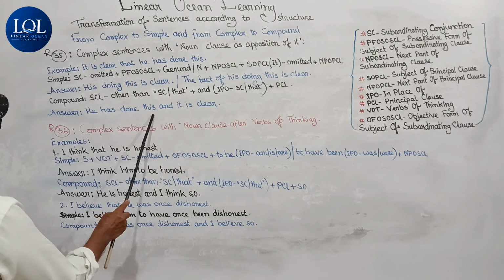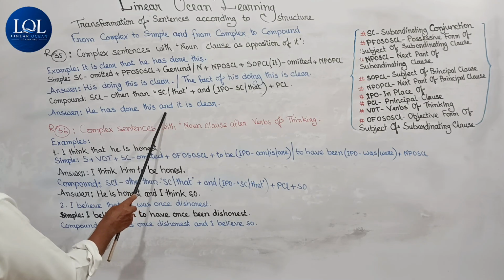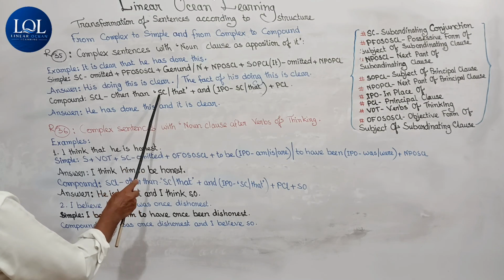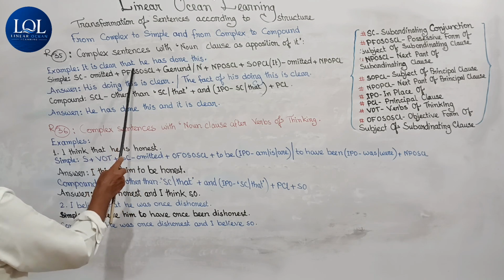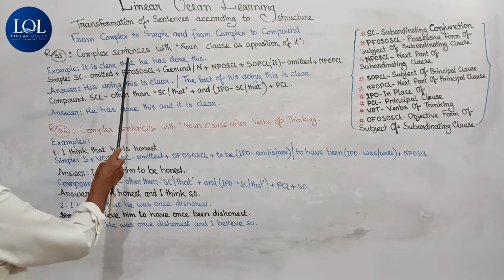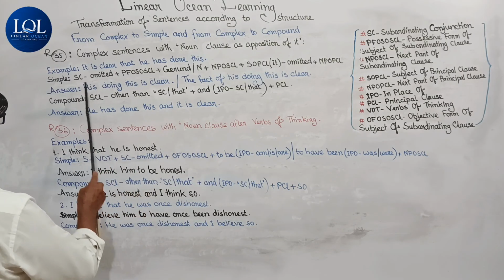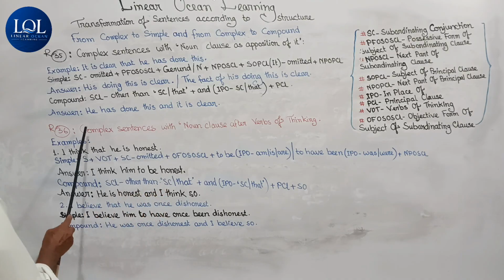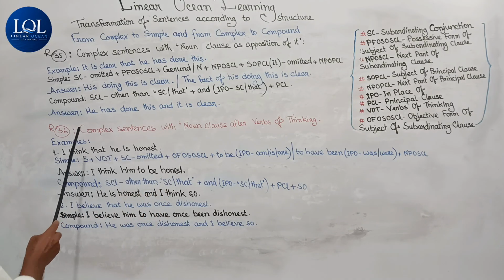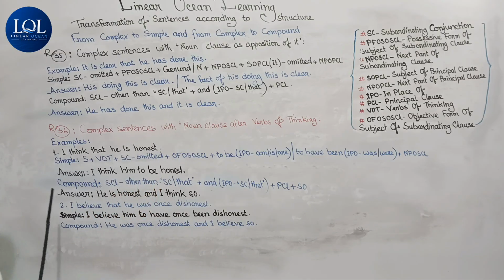Then "and" IPO SC, that is, in lieu of the subordinating conjunction "that" we have to write "and". Then the principal clause, here "it is clear". The answer we get is "He has done this and it is clear."